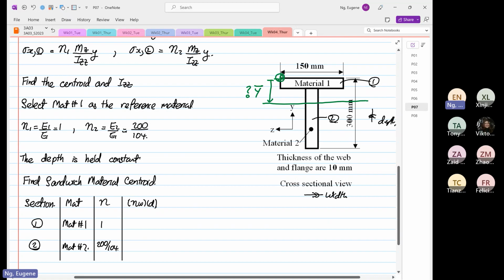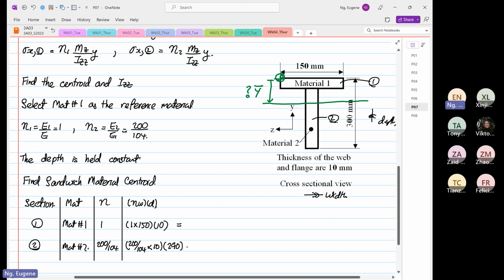Material 1 is 1 times the width, which is 150, and the depth is 10. Material number 2, the width is 10, so you have to include 200 over 104 multiplied by 10, and the depth now is 290.